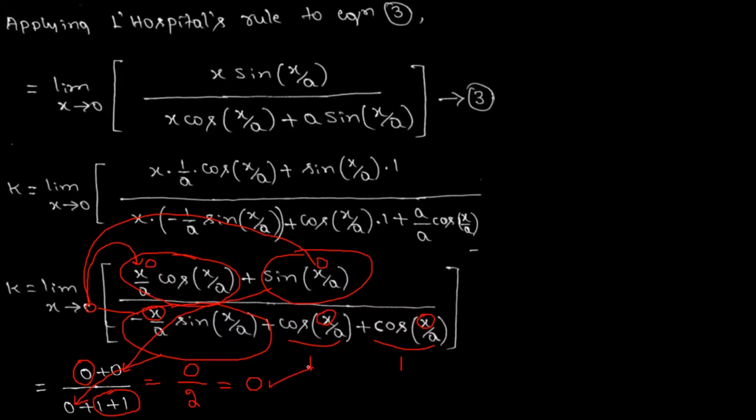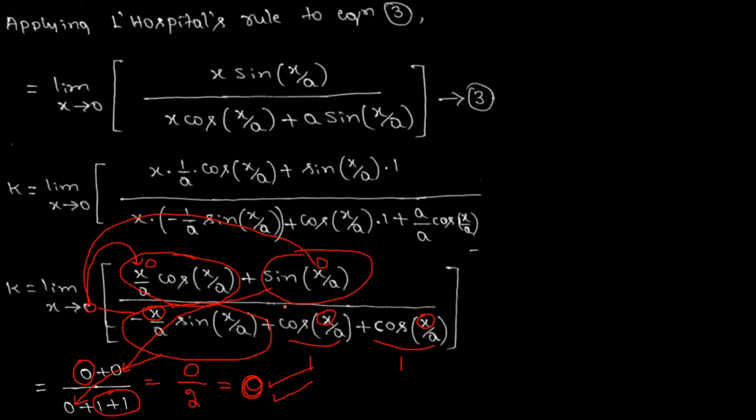We may get the answer as 0 in limits, but we should not get the answer as 0 by 0 or infinity by infinity. 0 is acceptable because 0 is a finite quantity. So we have reached our answer, which says the limit of the given function is 0.